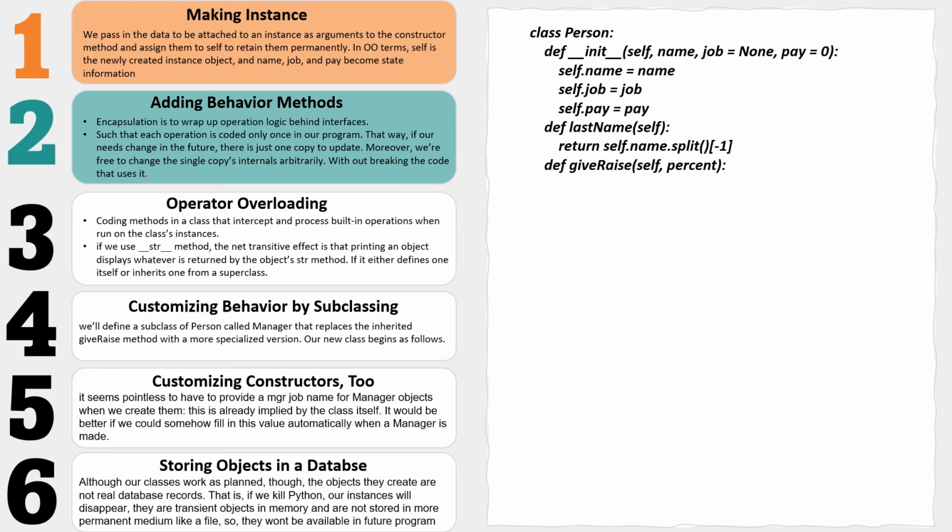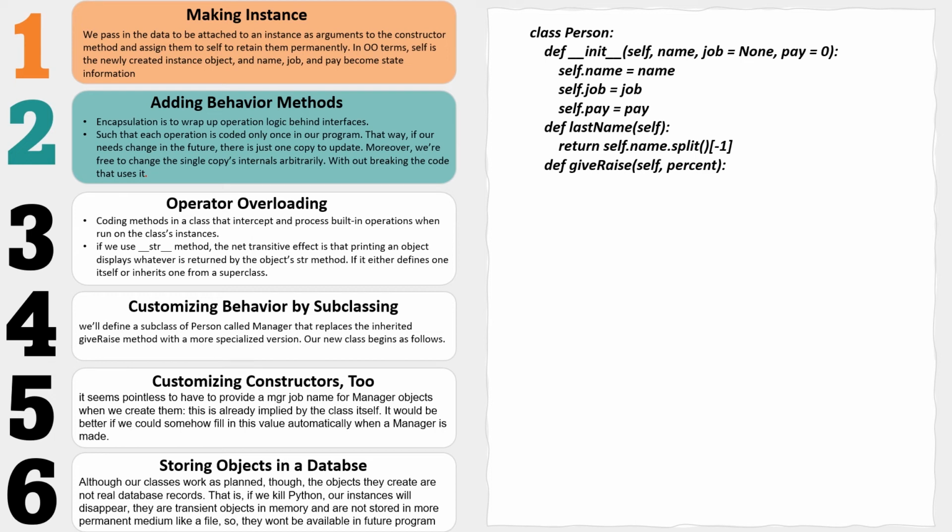The idea with encapsulation is to wrap up operation logic behind interfaces such that each operation is coded only once in our program. That way, if our needs change in future, there is just one copy to update. Moreover, we are free to change the single copy's internals almost arbitrarily without breaking the code that uses it.